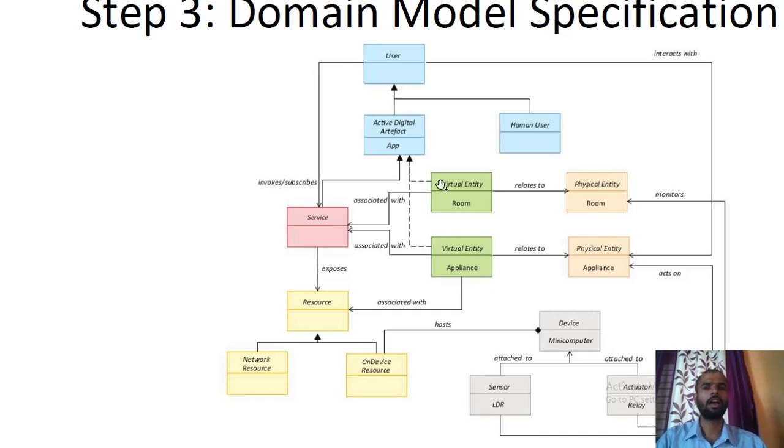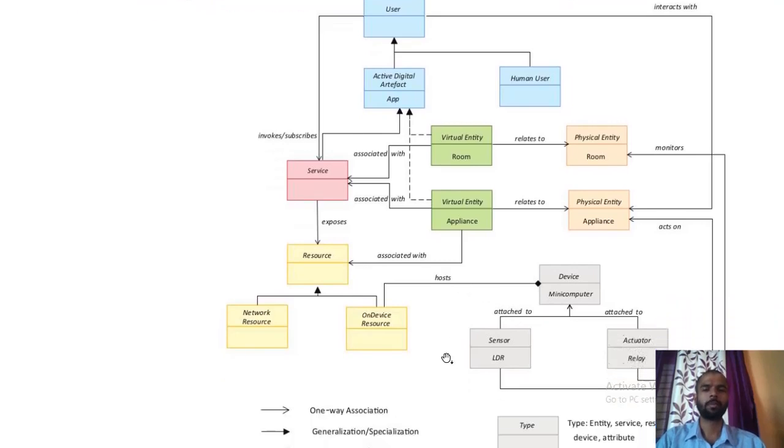So as I have already discussed about virtual entity, here in this case virtual entity is the state of that particular device. Okay, state is whether it is on or off, and another virtual entity is what? The level of light.